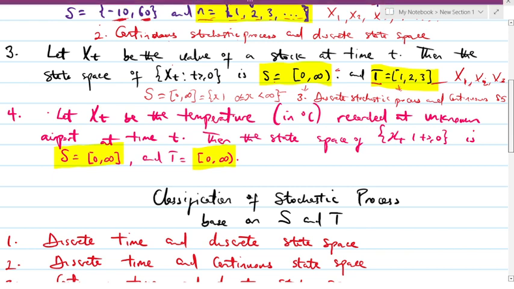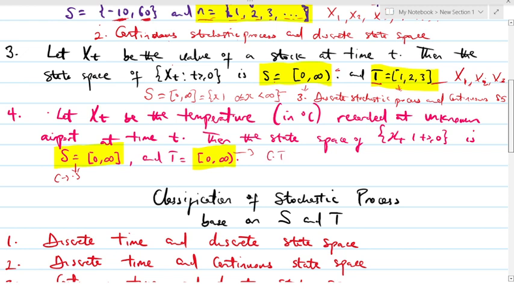So sure, if you are conversant with intervals, you should know that this state space is continuous, and this is a continuous time domain.